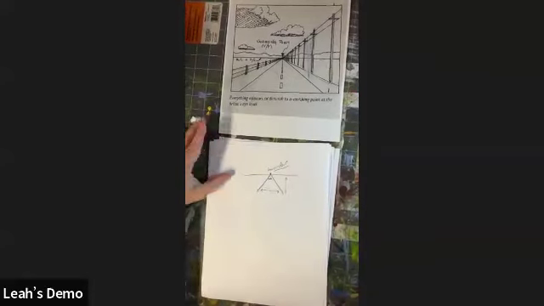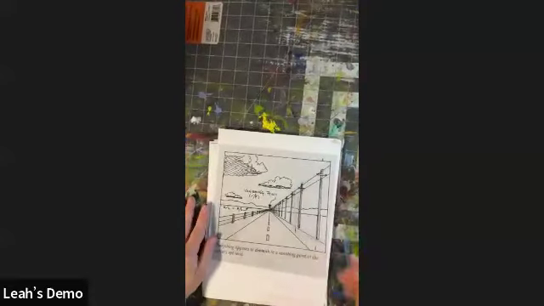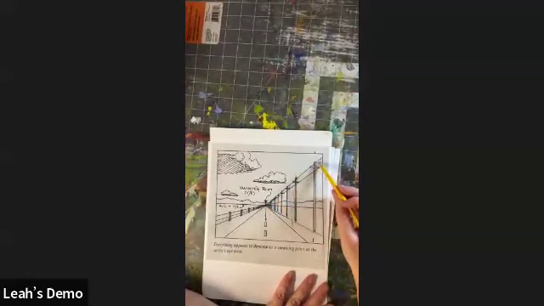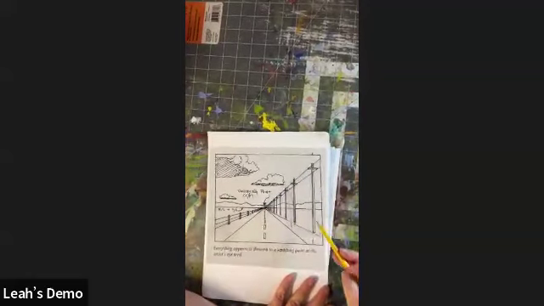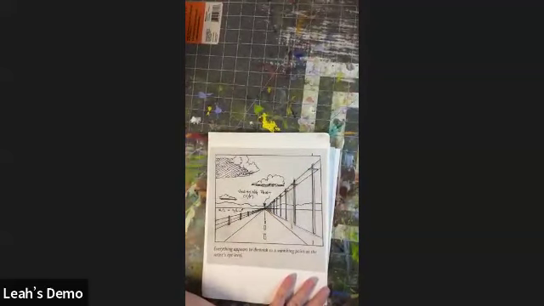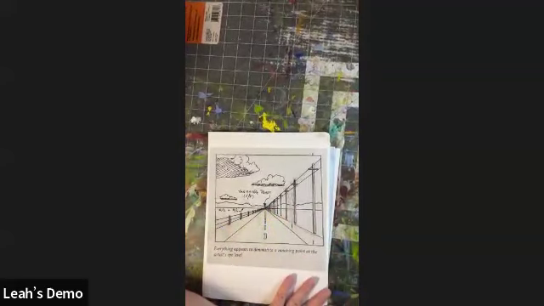And the really cool thing is, let's take a look at this. If you're trying to figure out how big or small, it's not just the road, everything that's on the road is also going to go to the same vanishing point. See that? This fence is going to go to the same vanishing point.